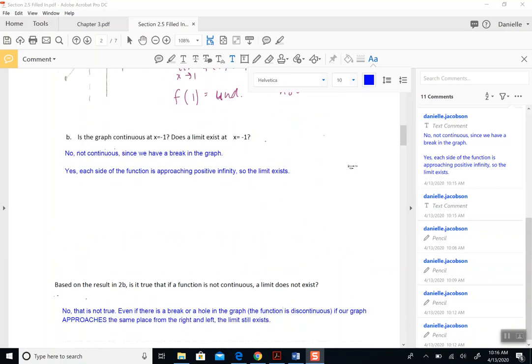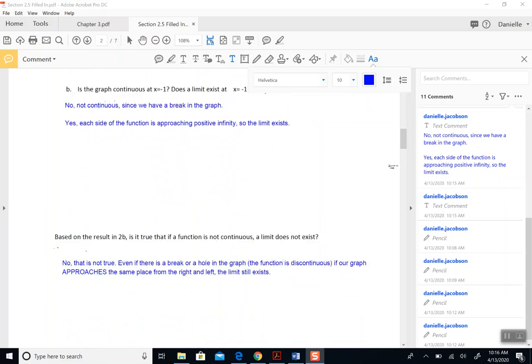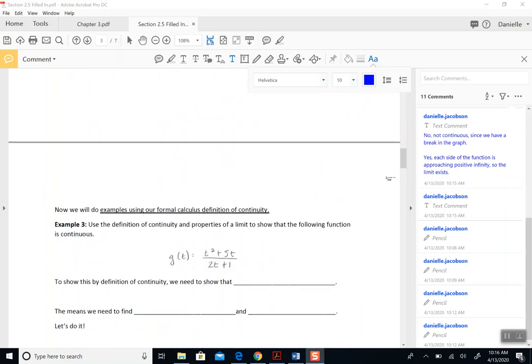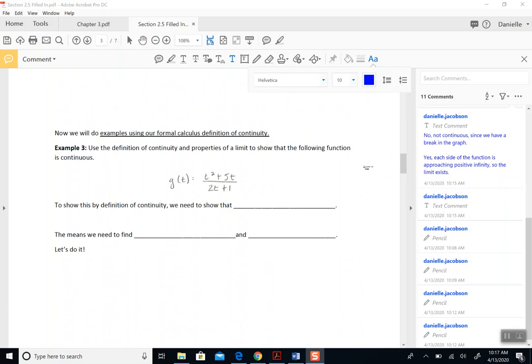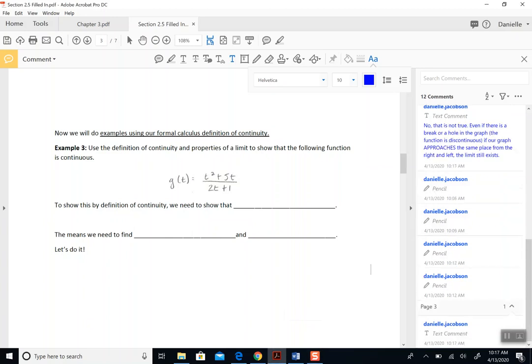Okay, so I tied some calculus definition parts into this, but for the next examples, I'm going to use that definition even more specifically. All right, so example 3, let's use the definition of continuity and properties of a limit to show that the following function is continuous. All right, so if we scrolled up and looked at that definition again, which we have a couple of times, we should remember that we need to show that the limit as x approaches a of f of x must be equal to f of a for that limit to exist.